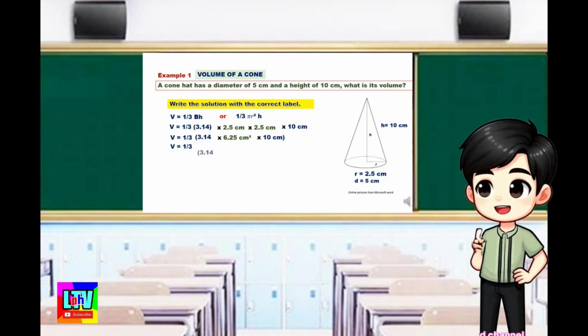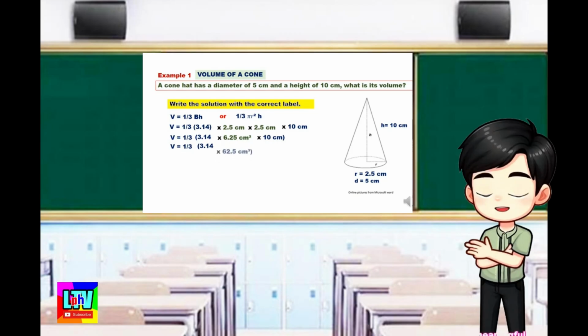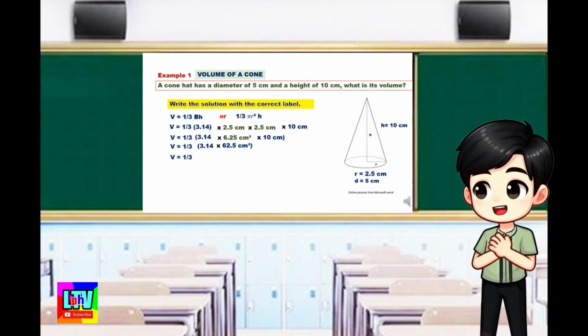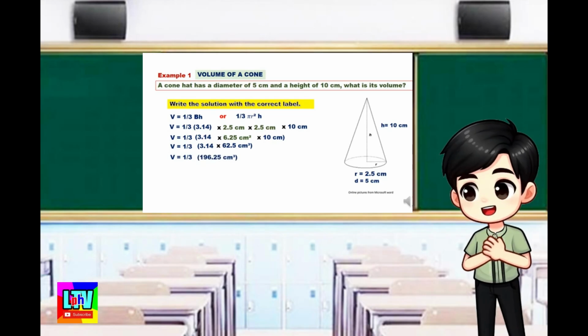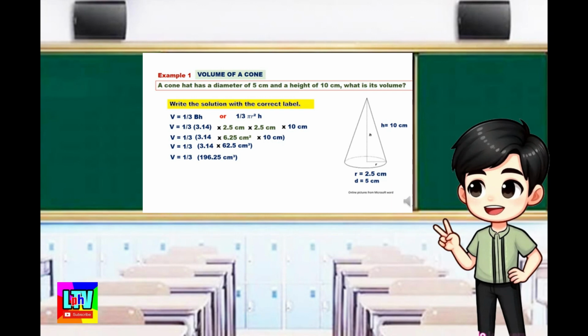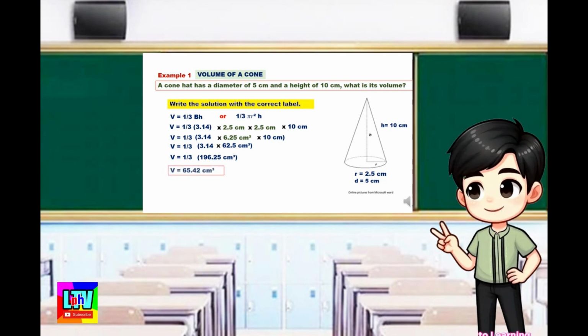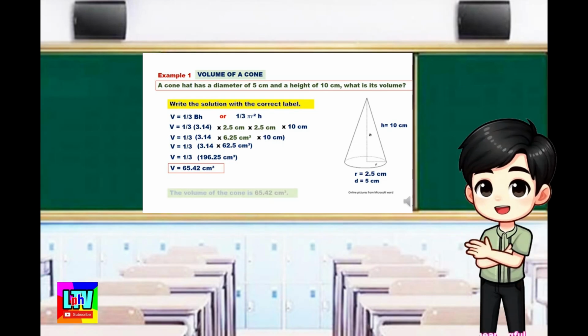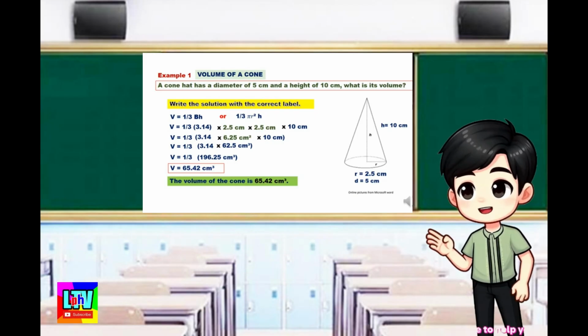So 1/3 pi, 6.25 times 10 equals 62.5 cubic centimeters. 1/3 of 196.25 cubic centimeters equals 65.42 cubic centimeters. And that is the volume of the cone.